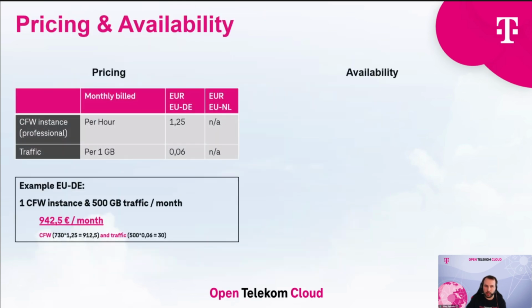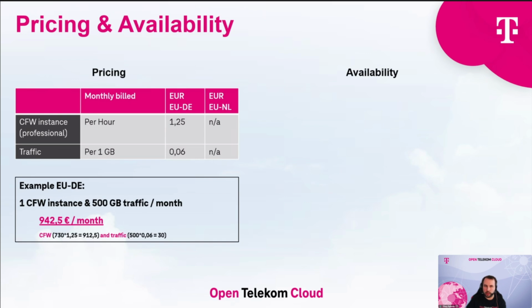Lastly, about pricing. The service is billed per hour and per gigabyte of traffic. It's 1.24 euro per hour and 6 cents per gigabyte. With this pricing, for example, if you have one instance running with 500 gigabyte of traffic coming in and out, you are at about 942.50 euro. That's still cheaper than Azure and Google, so we are positioning ourselves in the same price area.